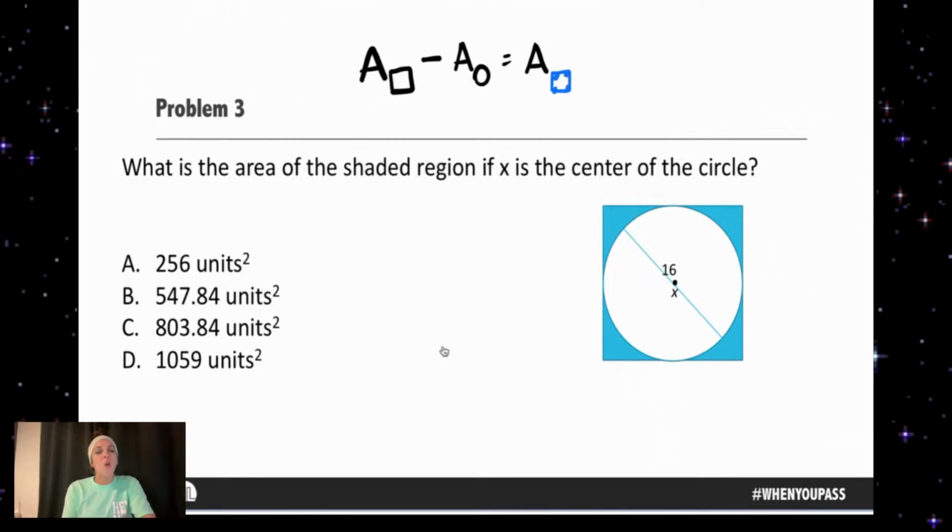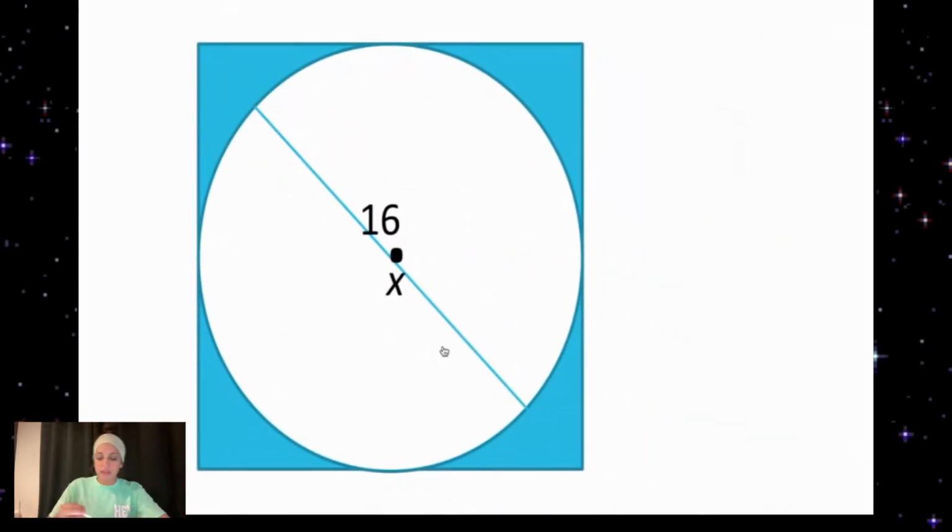Now, you say, how do you know it was a square? How do you know it's not a rectangle? Good question. When we look at this image and we know that this is a circle and the 16 is a diameter, then that means that this is 16.